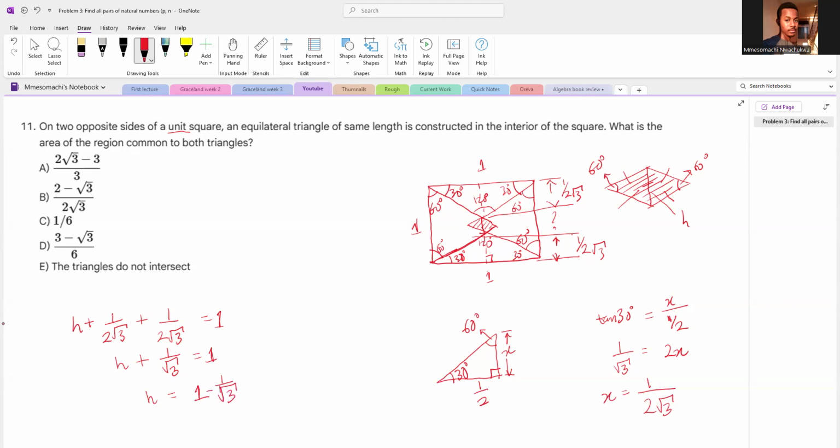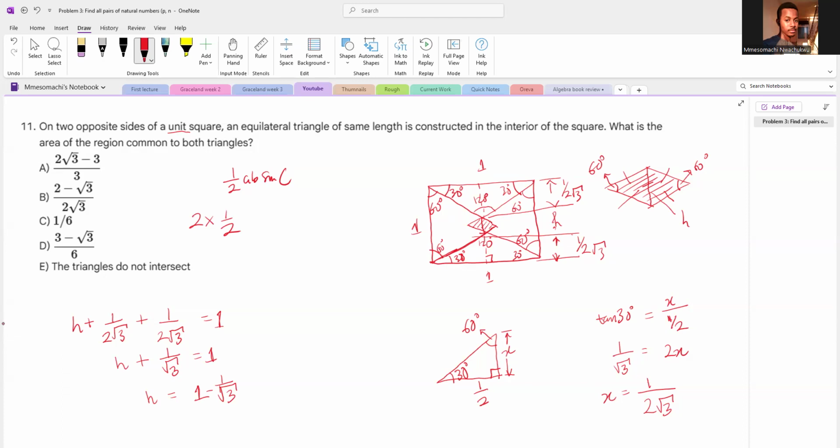So basically this question mark here, we have this. Now we can break that area into finding the area of two equilateral triangles. We know the formula for the area of a triangle, that is half AB sine C. In this case, because it's two equilateral triangles, we can remove the half, so 2 times half. Since the side lengths are equal, we already know the side length to be h.